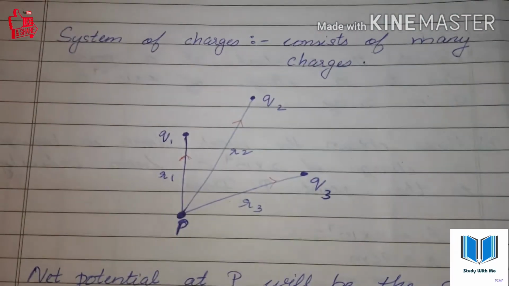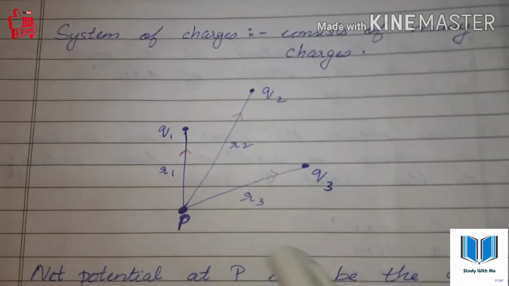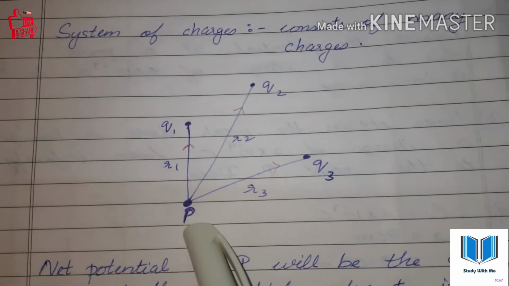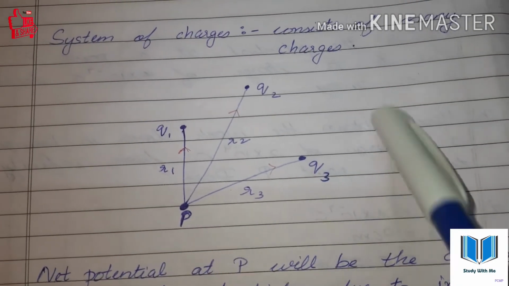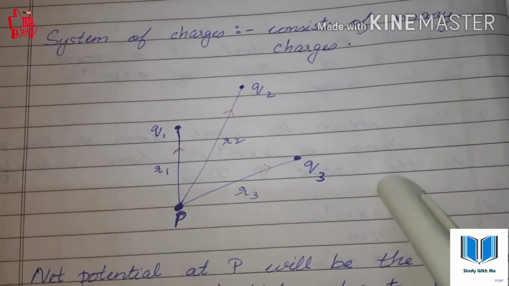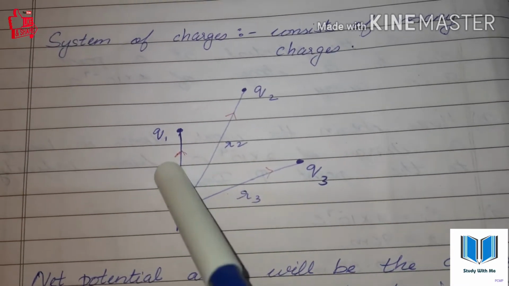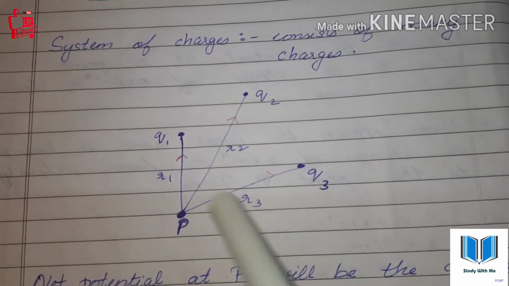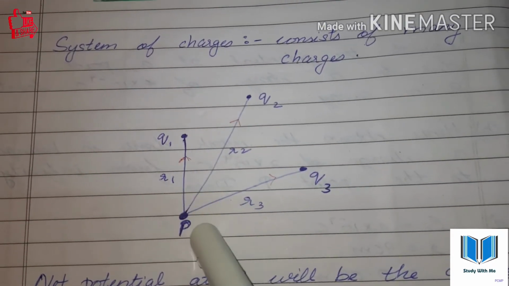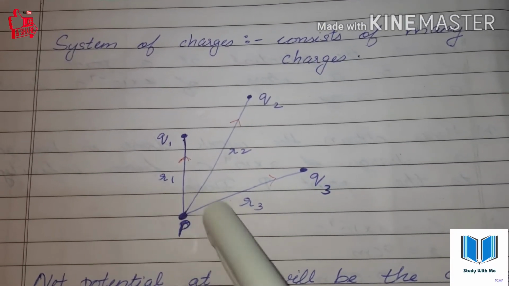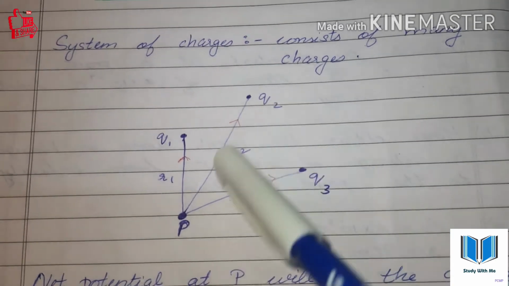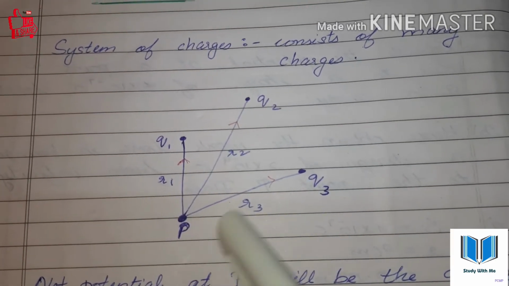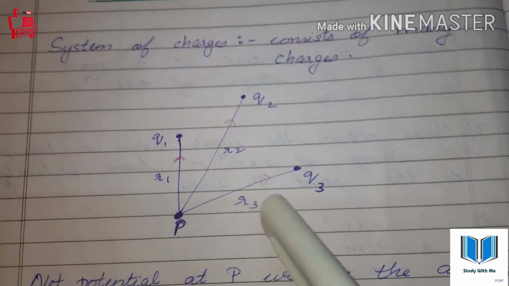So this is the diagram. Here I have a point P and in its surroundings I have three charges Q1, Q2, Q3. The distance between Q1 and P is R1, between P and Q2 is R2, and between P and Q3 is R3.